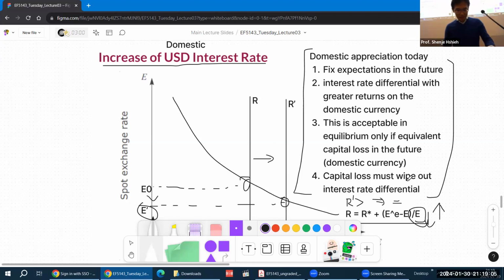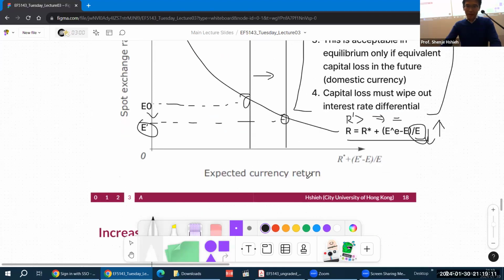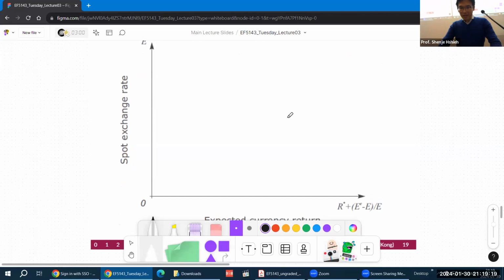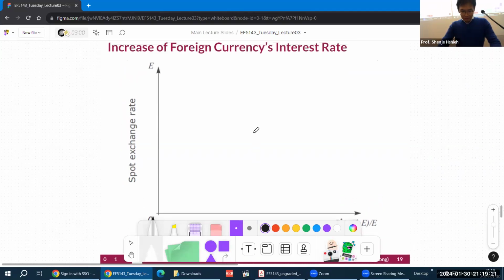So that's an increase in domestic interest rates. We can, of course, do other exercises, such as changing the foreign currency's interest rate. So R star is changing. Let's analyze this scenario. As I mentioned earlier, the way to do this kind of analysis is you have a starting point.